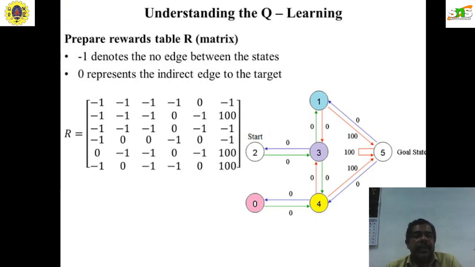As the agent interacts with the environment and receives feedback in the form of rewards or penalties, the values in the Q table are updated to reflect what the model has learned.